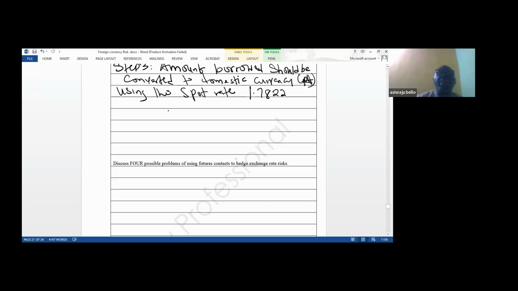We now convert the dollar to Naira. Naira amount.